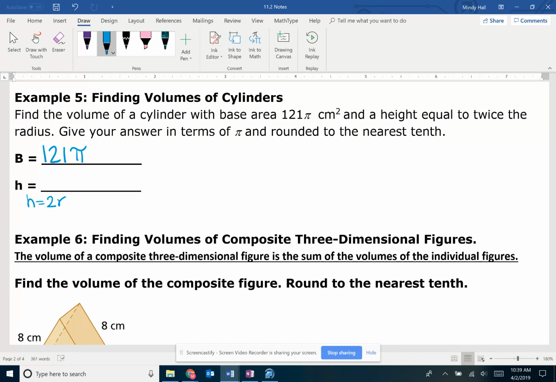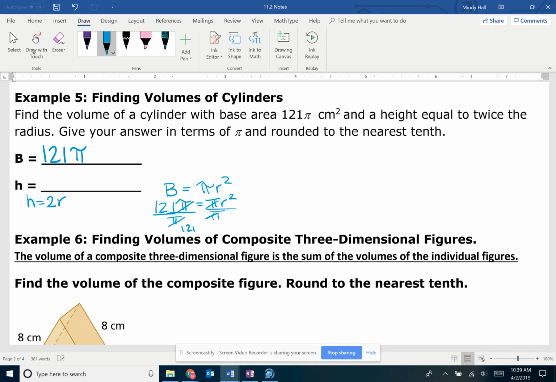So in order to do this, my base area is going to have to be used because the area of a circle is pi r squared. So if I plug in my base area of 121 pi, when I solve this, I can solve for r. So I divide by pi so that they all cancel out.